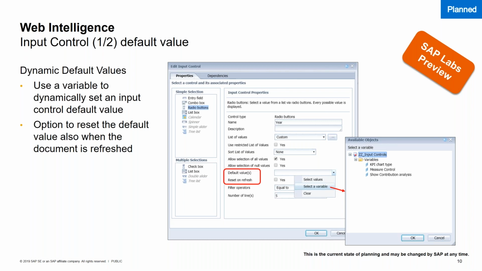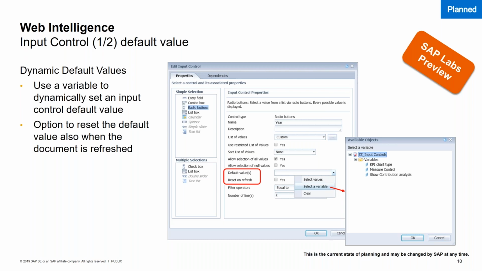So to achieve this, it's really easy. At the design time, meaning when you are inside the designer, when you create or edit an input control, in the properties, you can make sure that the default value being selected into the input control is calculated automatically, for example, by a variable.